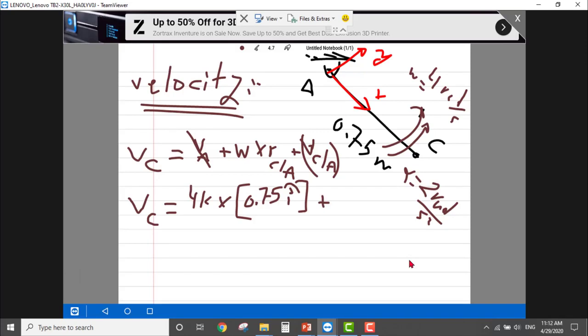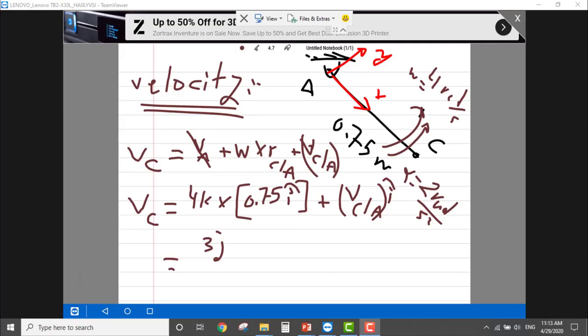Plus, now I'll move from A to C. I will assume this quantity is positive and it is in the i direction. Okay, so cross product, K cross product i, multiplied by 0.75. So we are talking about 3 and it is positive, so 3 in the j direction.